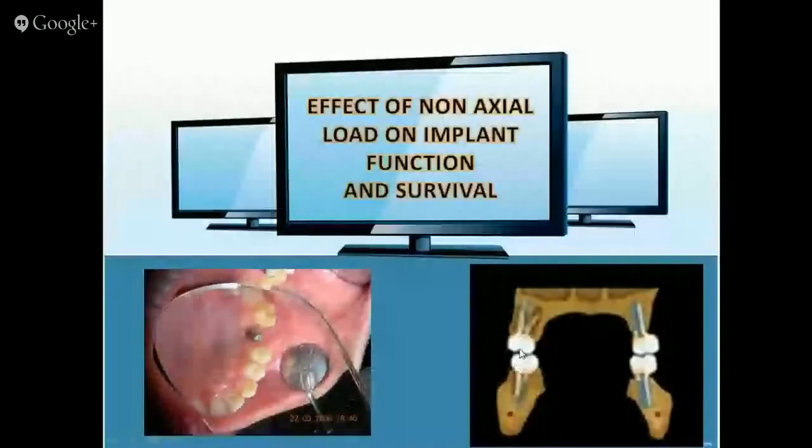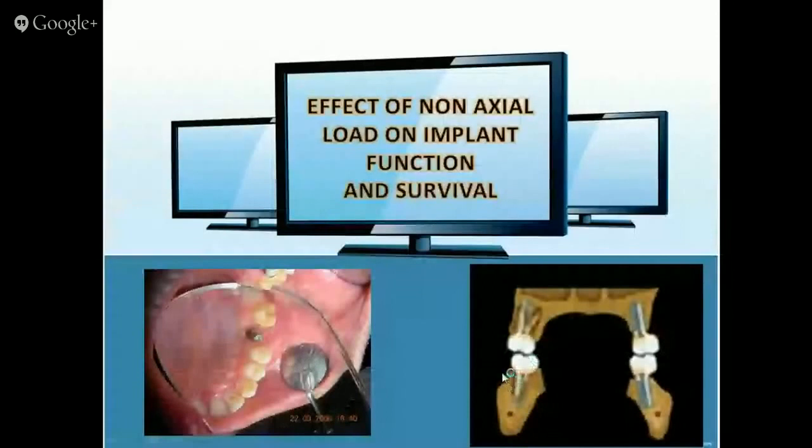Ideally, if the force is acting straight, the force is distributed all along circumferentially. However, because it acts in this direction, there is stress which acts here, there is resorption that occurs, and it is this area which is bearing the brunt. I don't want that.